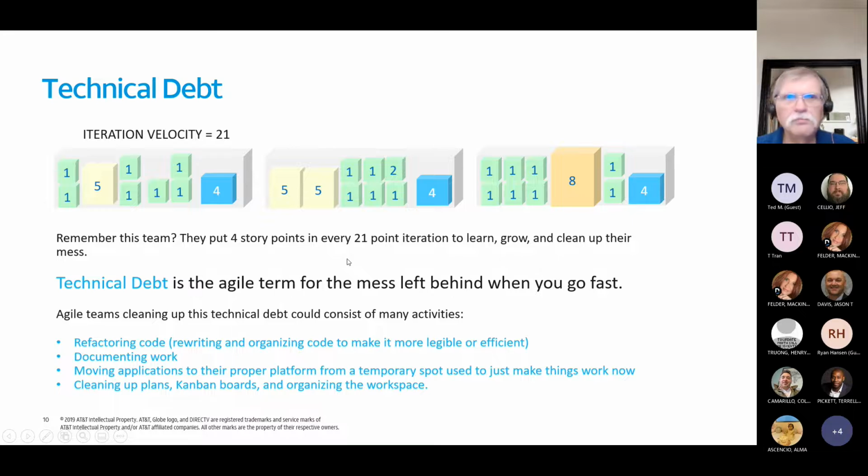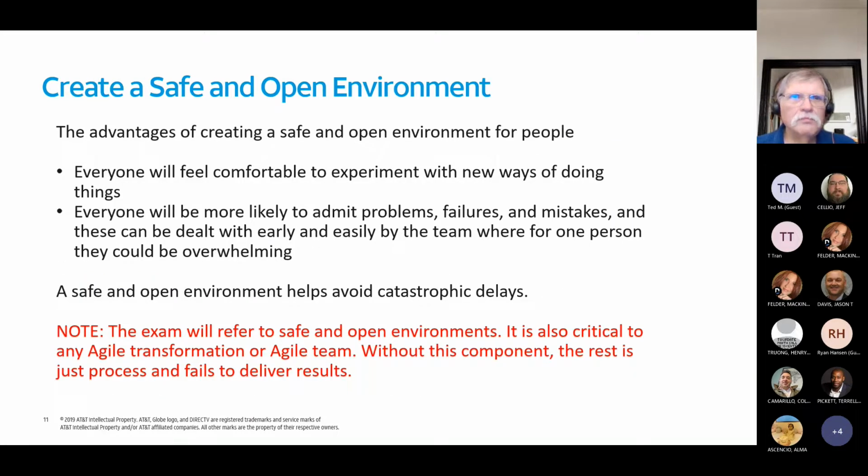Okay, sure. What we need to do is create a safe and open environment. We talked about psychological safety before, where people feel that they can have failures, that failures will lead to better results for the overall product.